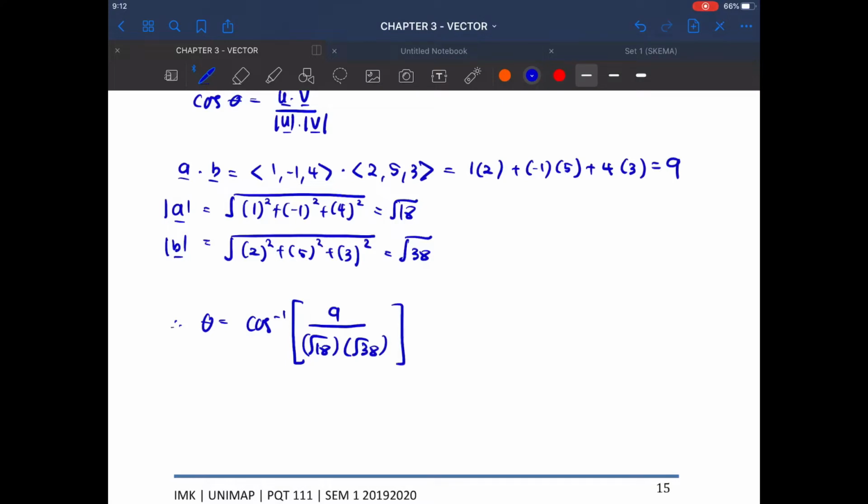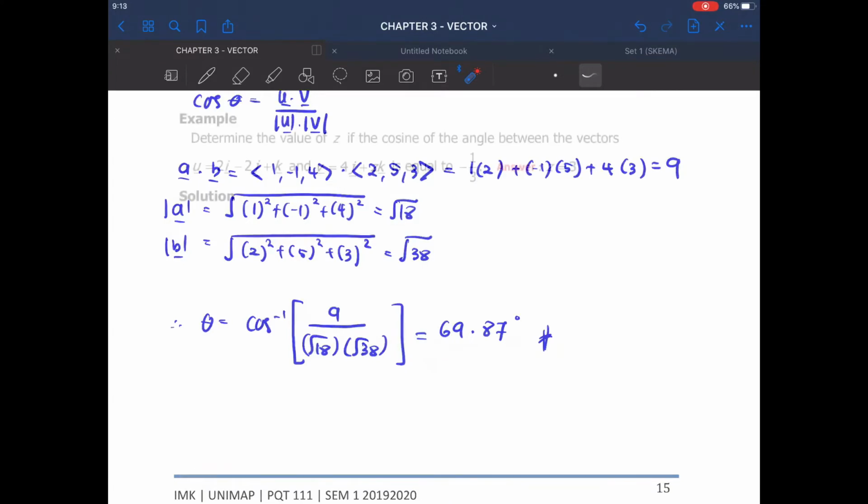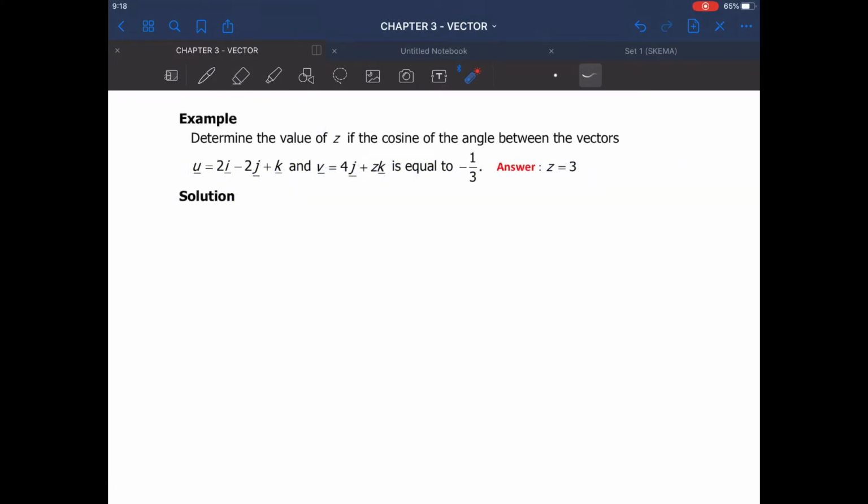By using a calculator, cos inverse of 9 divided by square root of 18 times square root of 38 will become 69.87 degrees. So this is the answer for the angle between vector A and vector B. Let us continue with the next example.